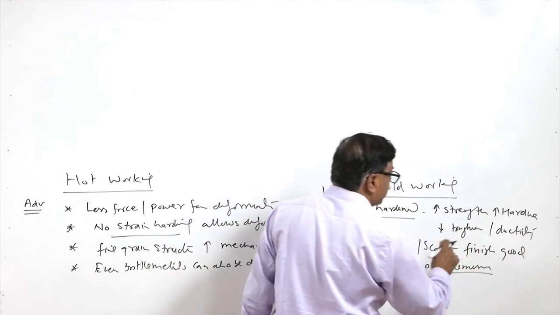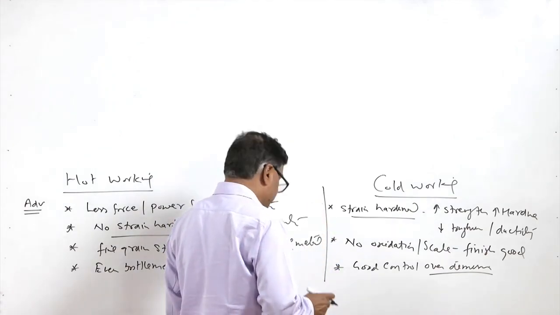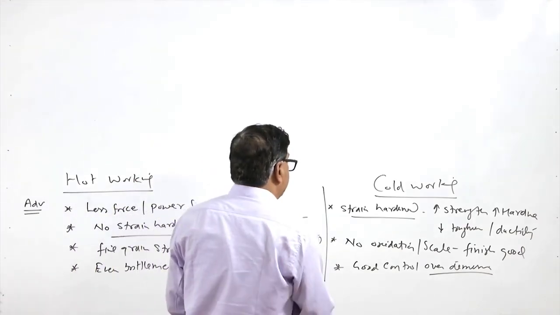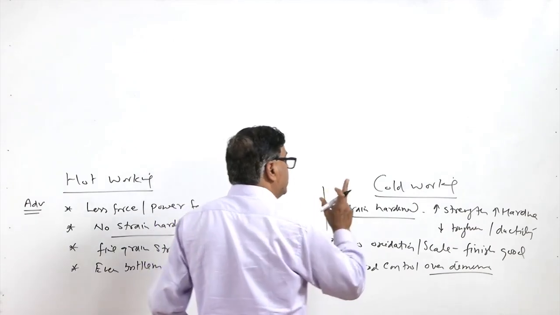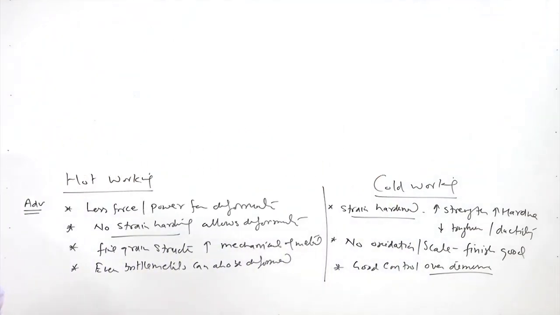So, the dimensional accuracy of the products which are made by the cold working processes is good, and so these are the advantages on the cold working side.